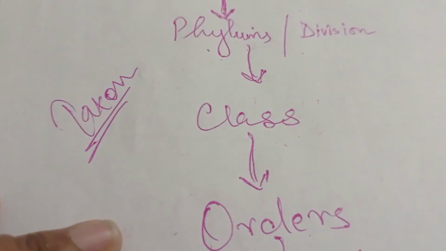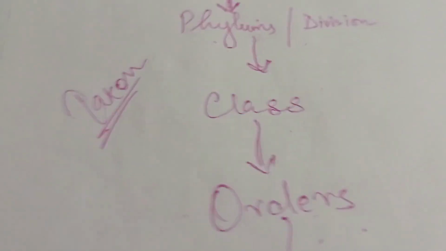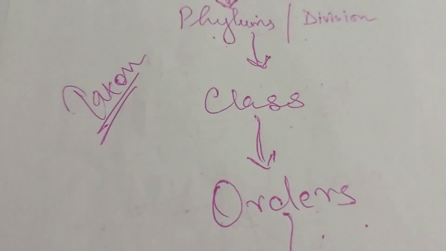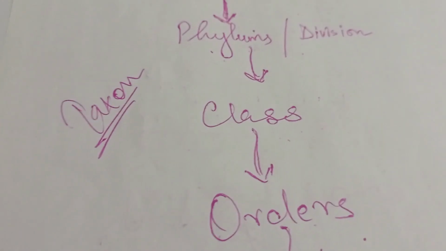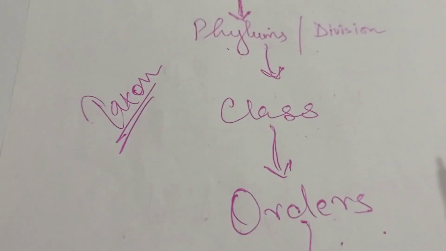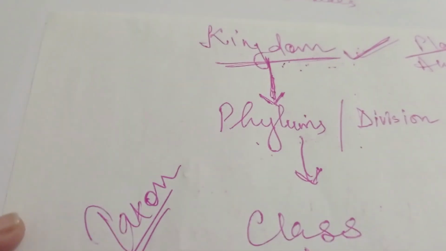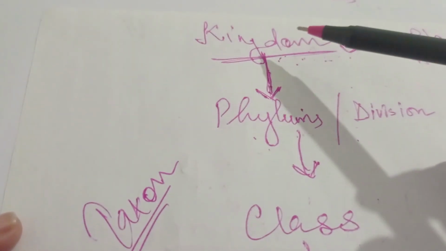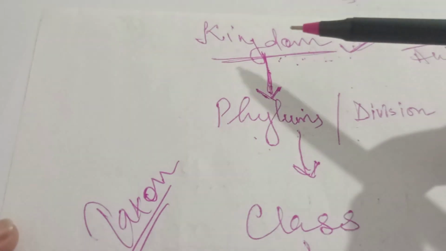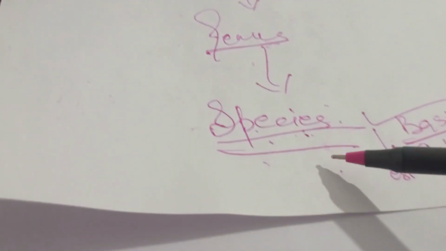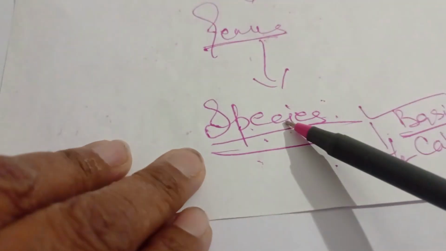Now I told you that all this categorization is based on the characters, their similarities and dissimilarities. So one thing you will see: as we move in descending order, that means from kingdom to species, what will be the nature of the characters?